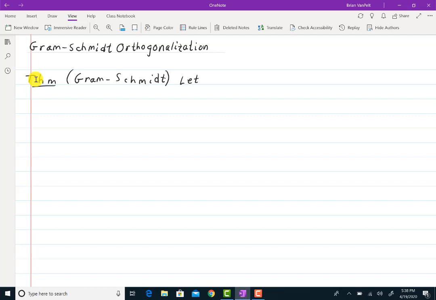Let W be a subspace of Rn with basis U1 up to UP.